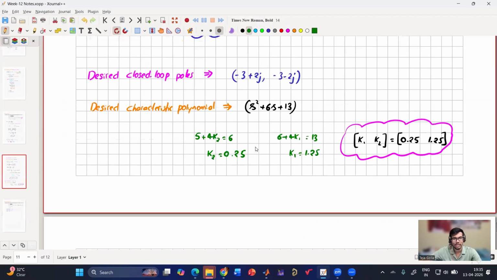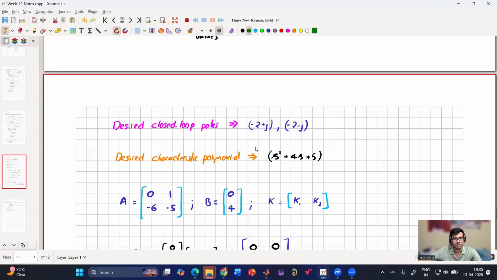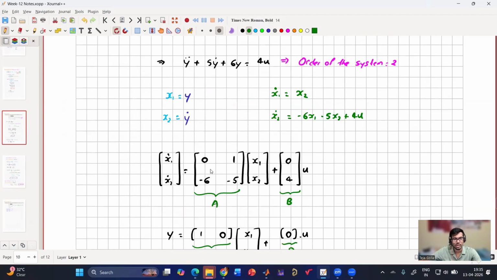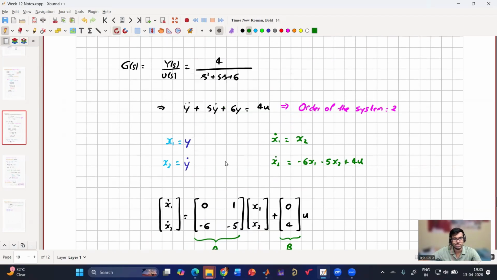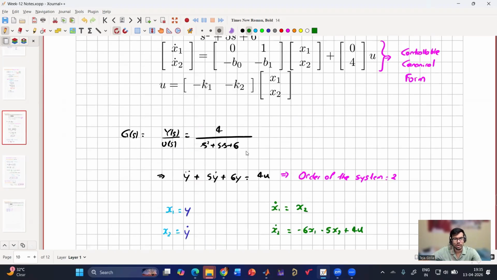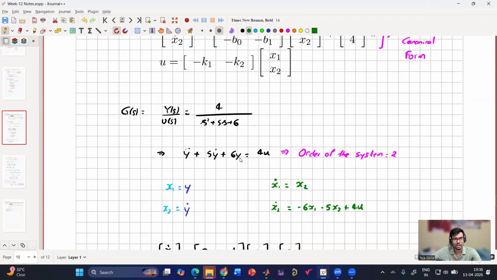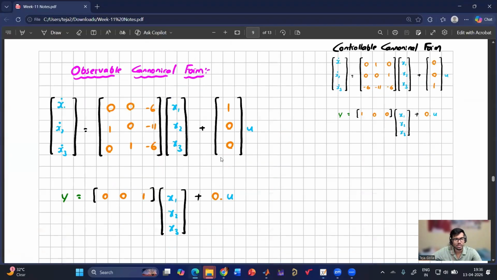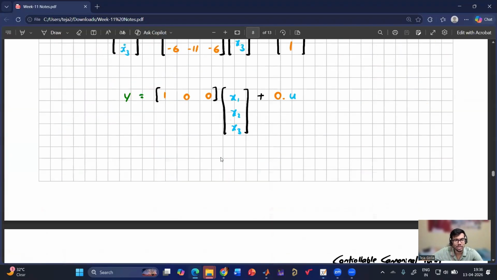So let us go back here. I have not calculated the C matrix. C matrix is 1, 0, right? So here it should become 0, 1, but why is it not 0, 1? Y of s, y is my output, y is x1. Okay, just let me check why it is. Just wait, let me check.